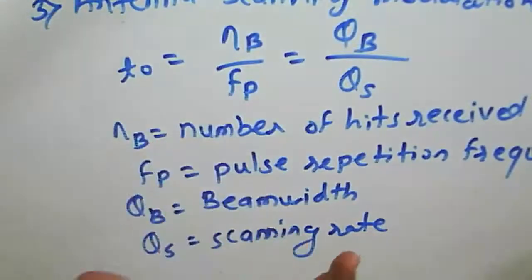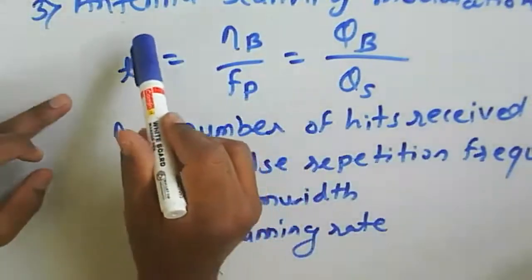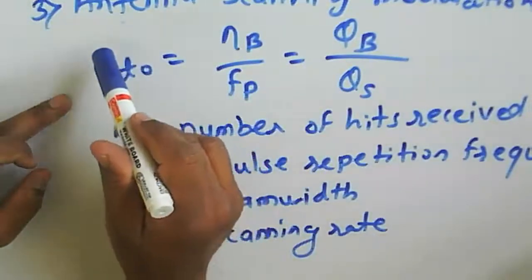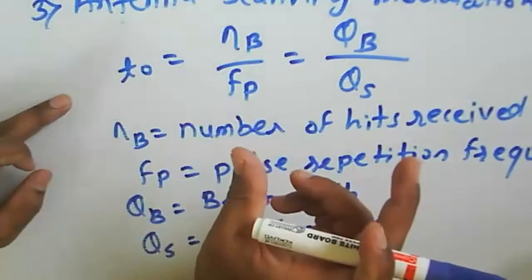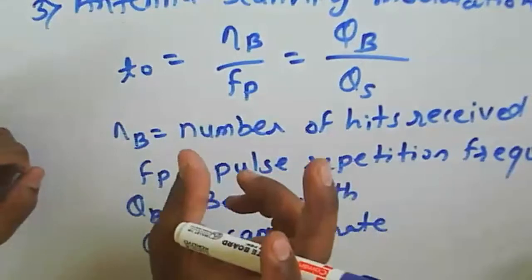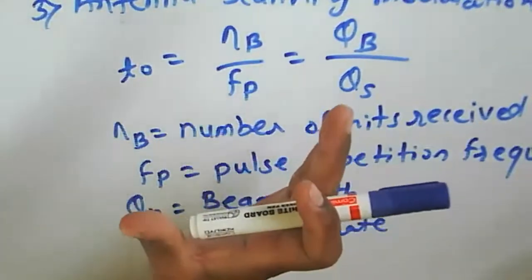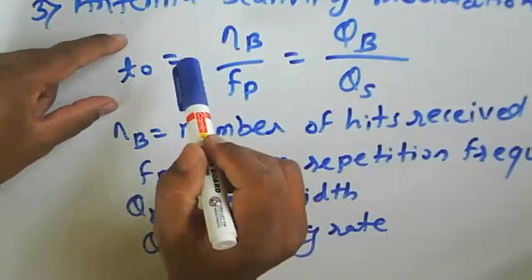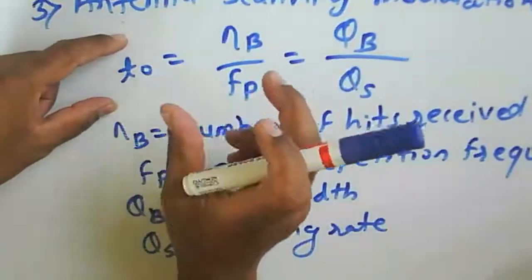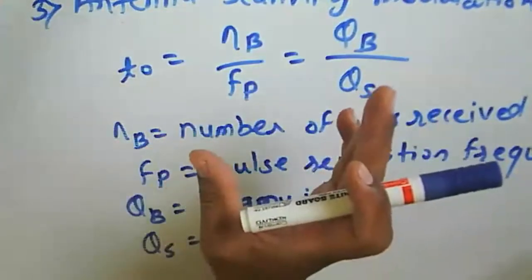For a given stationary clutter, T0 gives a finite width of the clutter spectrum within a particular finite period of time.